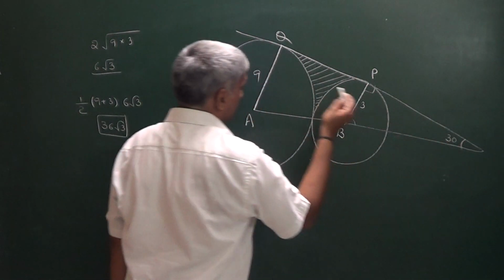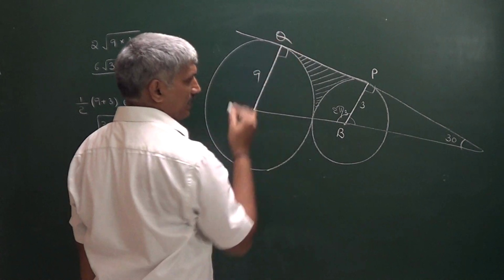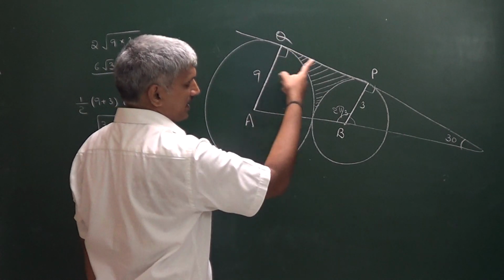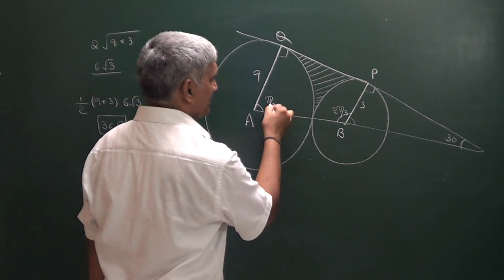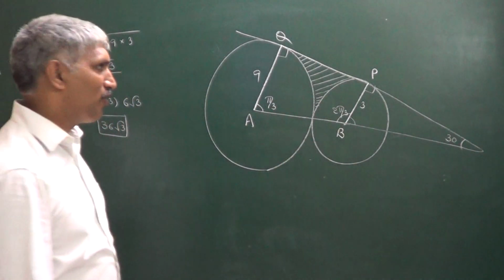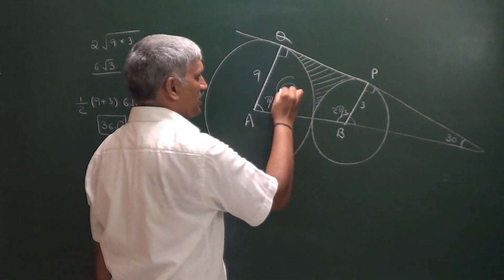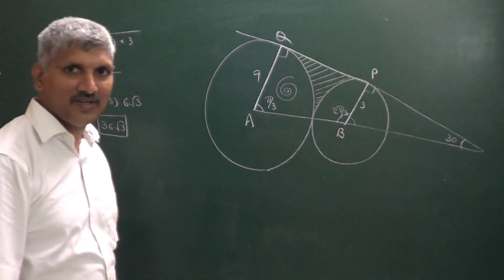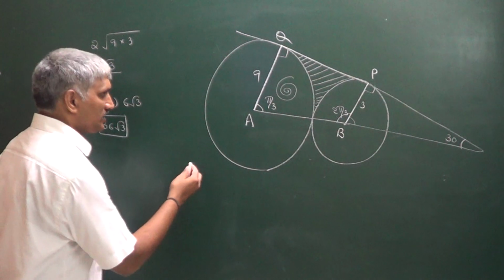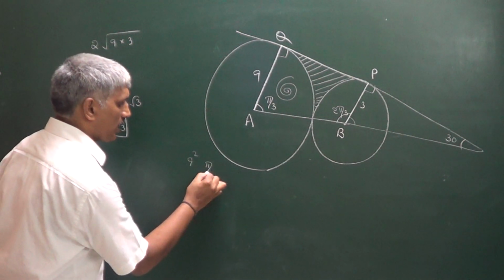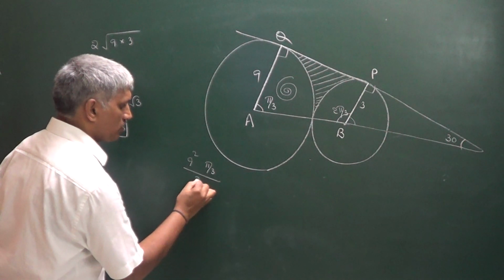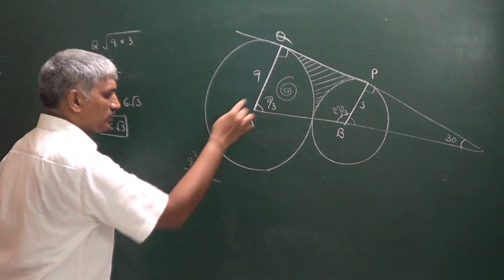Here 30 degrees and this is 90. Now 90 plus 30. So this angle is equal to pi by 3. Now I hope you can find out the area of this sector. What is the area of the sector? Sector area is equal to r square theta divided by 2.